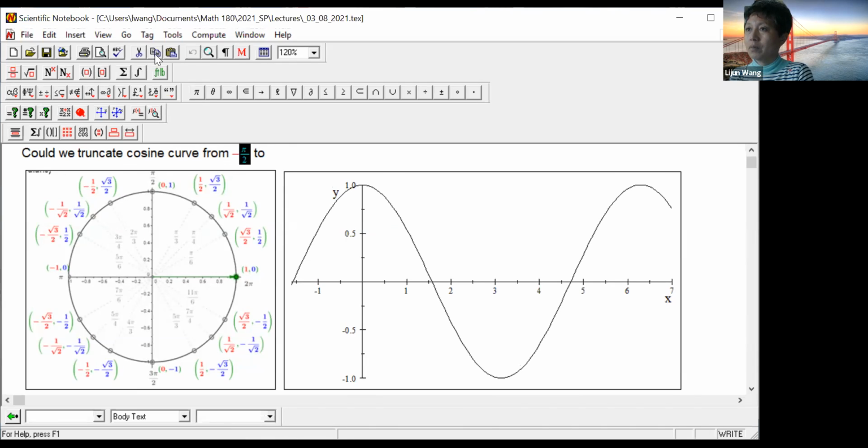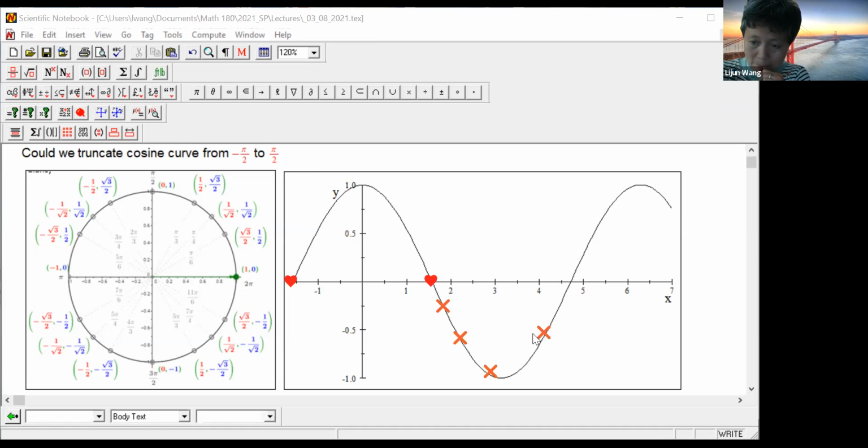Do you follow me? Cosine curve from -pi/2 to +pi/2. Can we truncate this piece? And that truncation will be the same as sine truncation, right? From -pi/2 to pi/2. Can we do that?